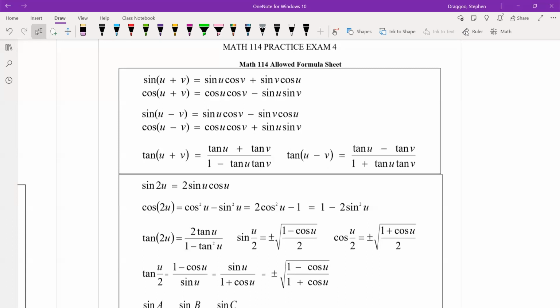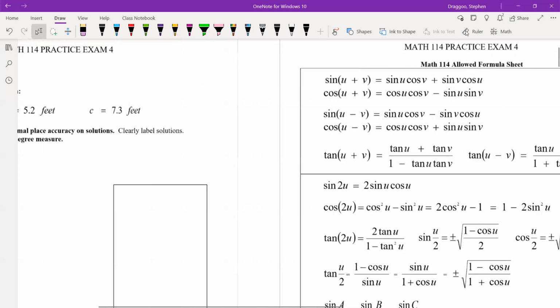In fact, I kind of encourage it, but you can also just flip to the back if you want to. If you do rip this page off, you do not need to turn it in with your exam. You can just recycle it when you're done. We don't need to see that page again. But yeah, again, you get all these formulas on the very last page.